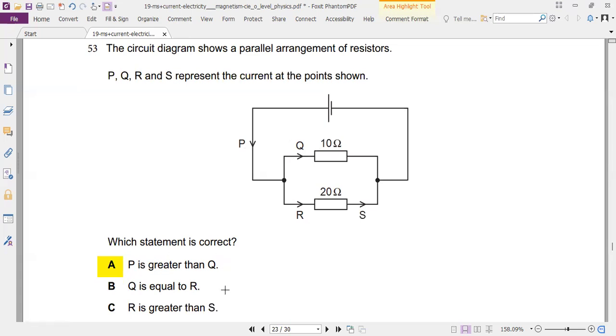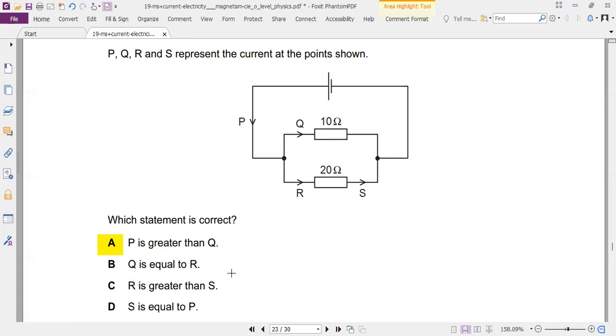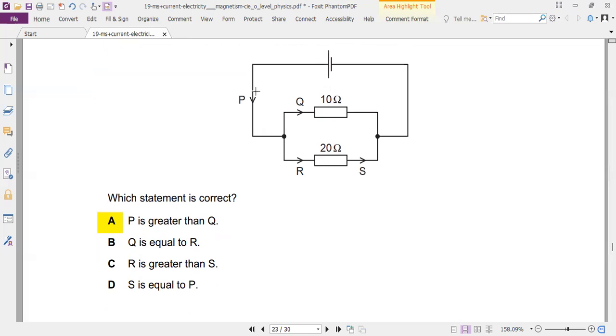Q is equal to R, that is not correct because Q will be larger than R due to the resistance. R is greater than S, no, R and S are equal. And S is equal to P, no, that is not possible because P is the total current dividing into these two resistors. So P is greater than Q, correct choice.